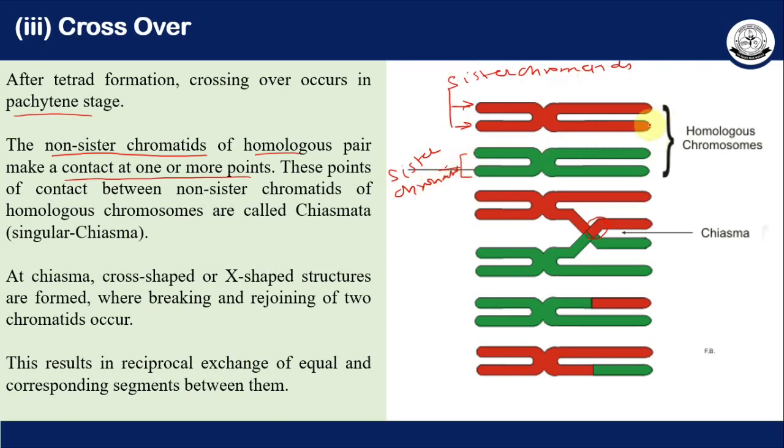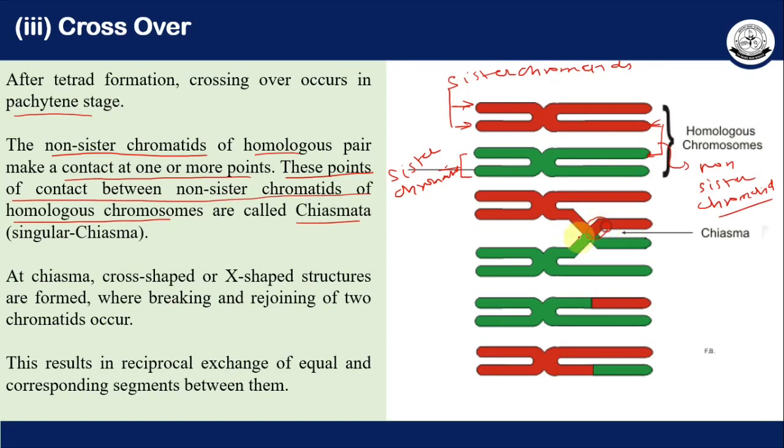However this one and this one, right, they are non-sister chromatids. It says that these points of contact between non-sister chromatids of homologous chromosomes are called chiasmata.